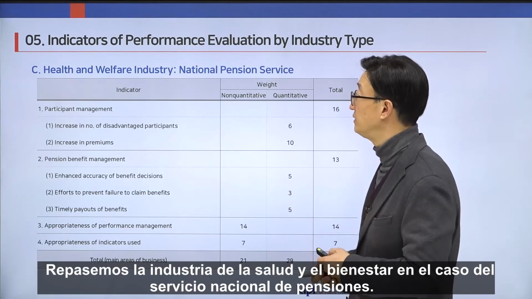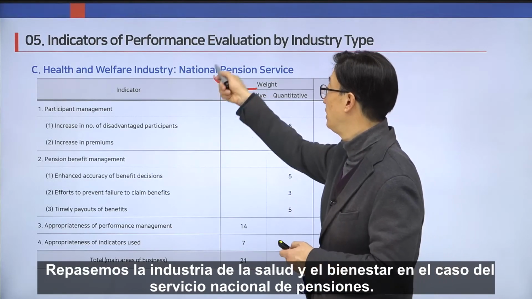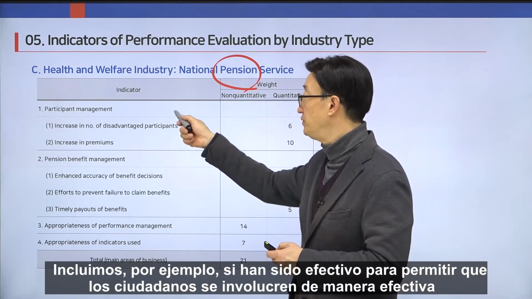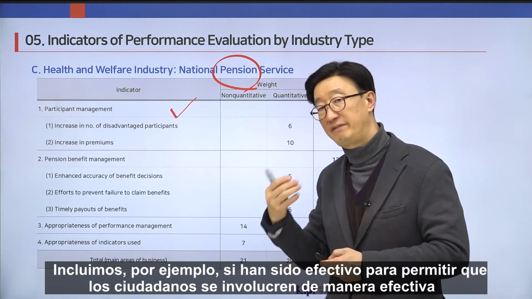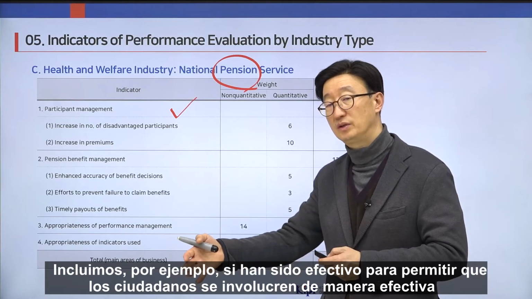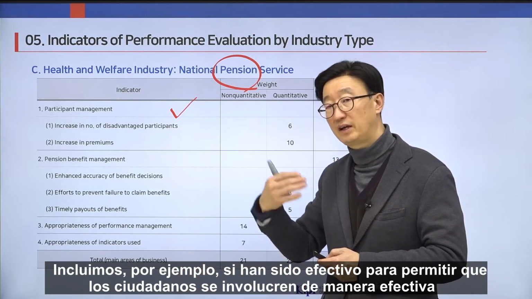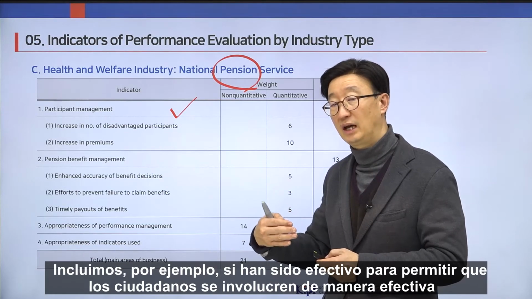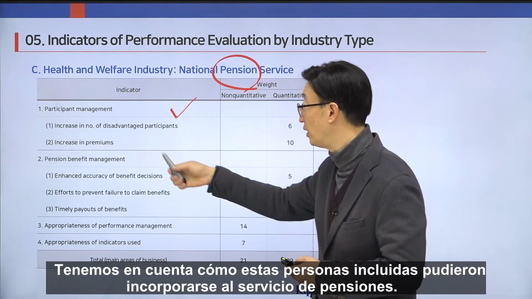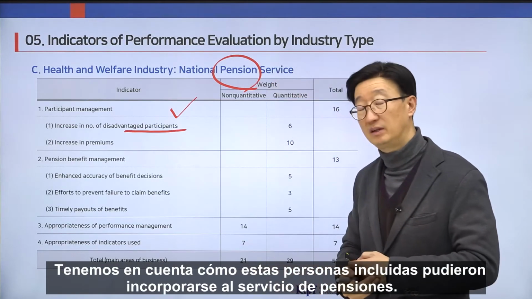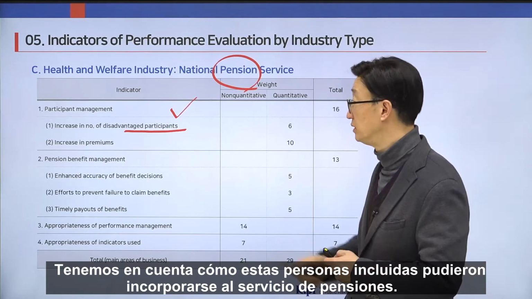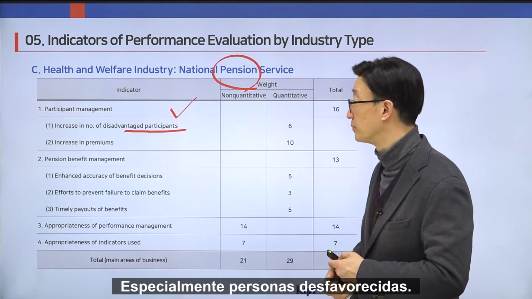Now let's go over health and welfare industry. In the case of National Pension Service, we include, for instance, whether they have been effective in allowing citizens to be effectively involved in and joining the pension service. So we take into account how these people have been included or were able to come on board the pension service, especially the disadvantaged people.